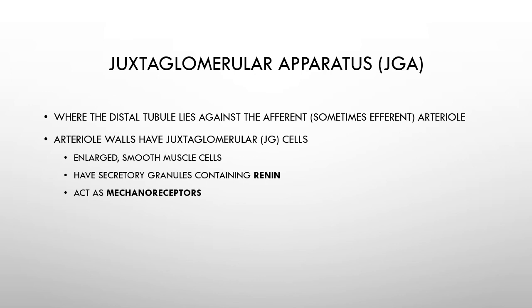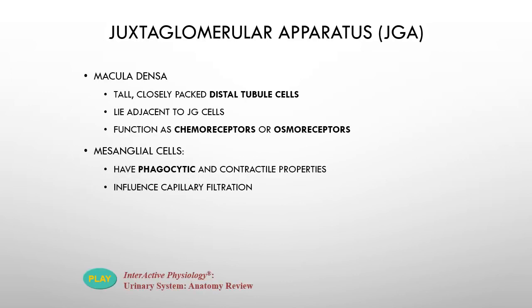And so part of this process is maintained by the juxtaglomerular apparatus. Where the distal tubule is going to come back past the glomerulus, we have this juxtaglomerular apparatus itself. We have the afferent arteriole coming in, we have structures that are inside there, and part of its job is going to be kind of twofold, but they're both related to maintaining blood pressure.